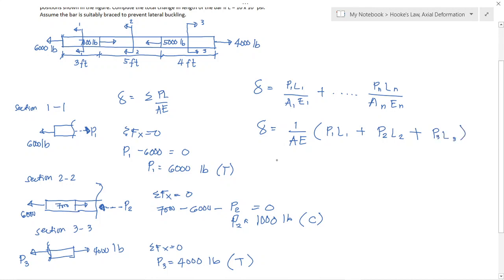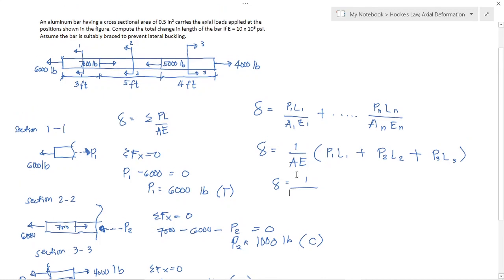Okay, so the total deformation will be equal to 1 over A E. Gaya na sinabi ko kanina sa unit analysis, P in pounds, L in inch, A in square inch, E in PSI, the result is in inch or inches.